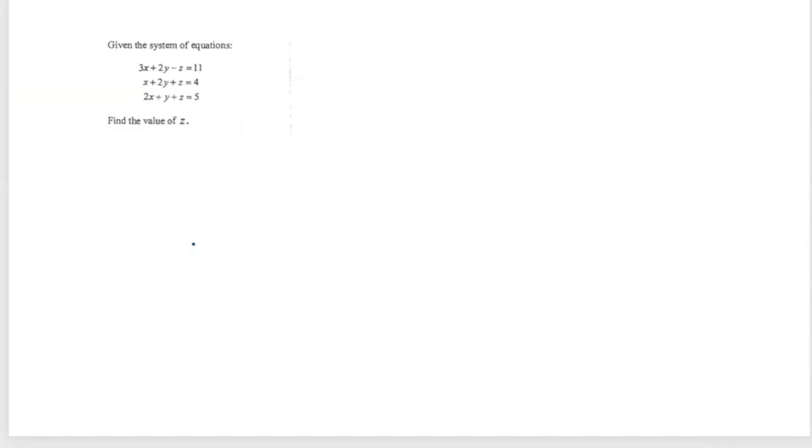Now the next method is using the diagonal method, and what we are going to do is once again create a 3 by 3 matrix. So this is another way that we can do this. So we have 3, 1, 2, which is the coefficient of x, 2, 2, 1, which is the coefficient of y, minus 1, 1, 1, which is the coefficient of z.